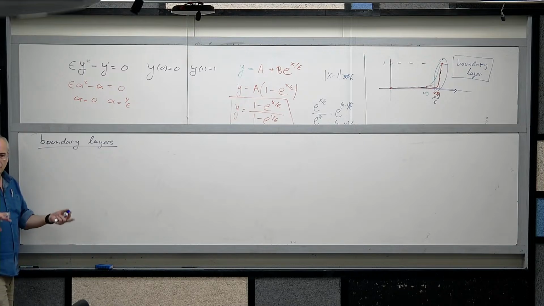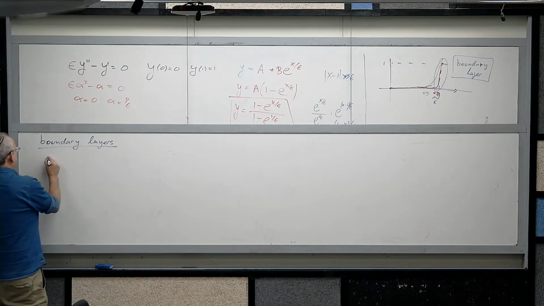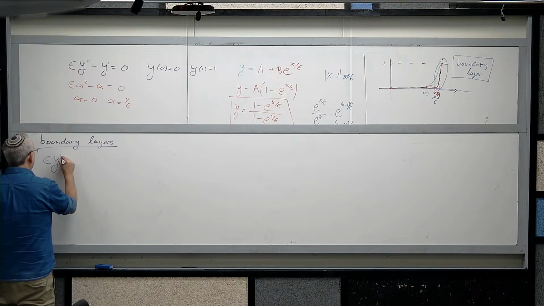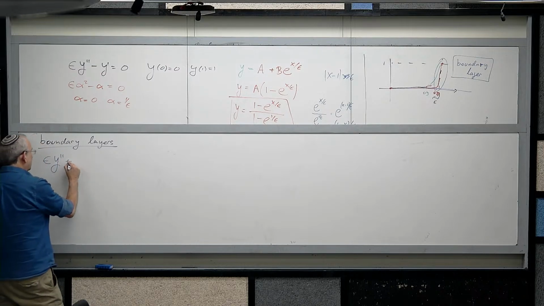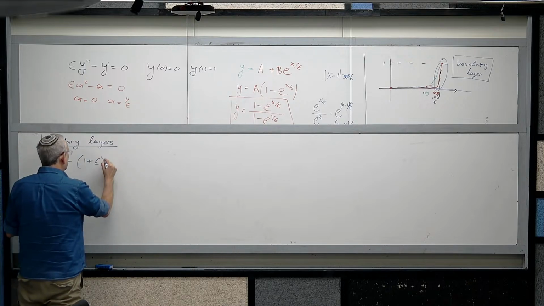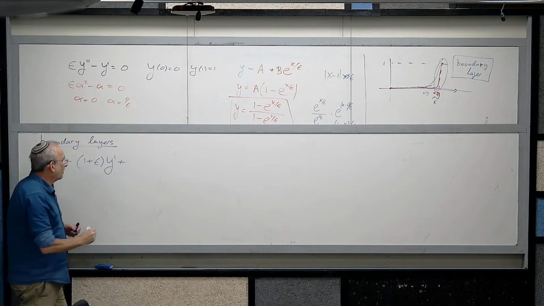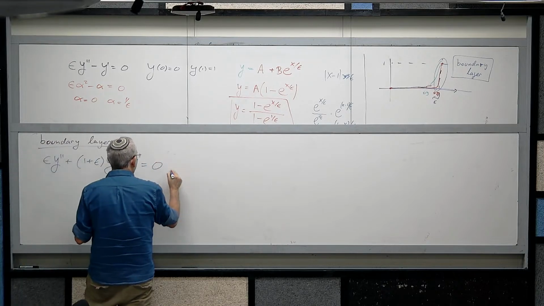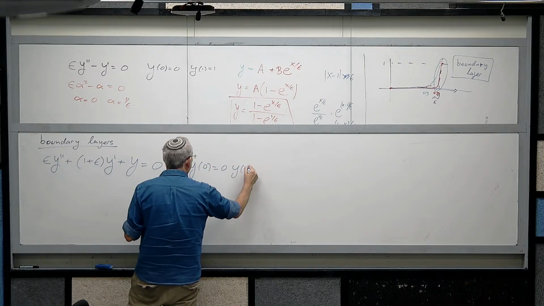So now we are taking a solvable case, but we want to solve it using boundary layer theory. And so I'm writing the following equation: epsilon y double prime plus (1 plus epsilon) y prime plus y equals 0, where y of 0 is 0 and y of 1 is 1.